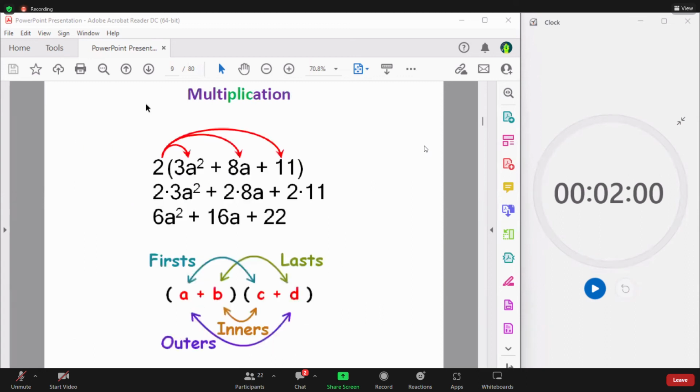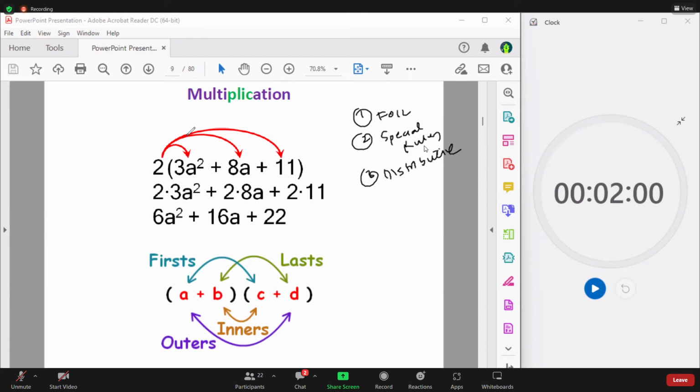Now next is multiplication. There are 3 methods we'll study for multiplication. Actually, the first that we'll study is the FOIL method. The second is special rules, and the third one is distributive, which is actually the most common.